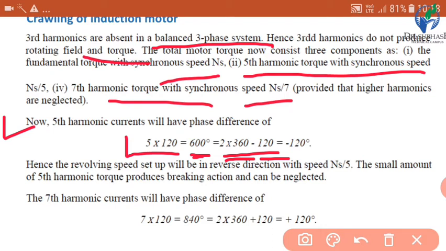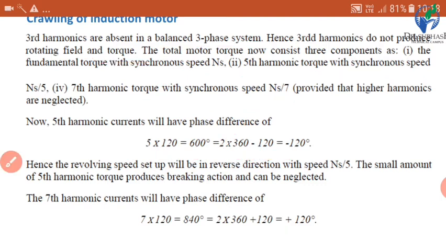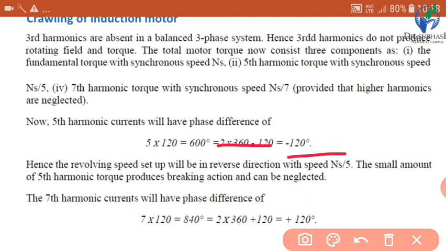We know that 360 is one complete cycle. It means if there is 360 degrees, we can consider it the same as 0 degrees. So for 600 degrees we can write 2 into 360 minus 120 degrees. So 360 degrees means 0 degrees, and we can consider it as minus 120 degrees.